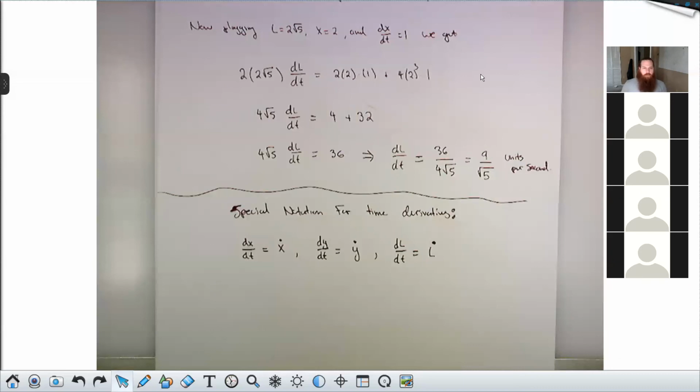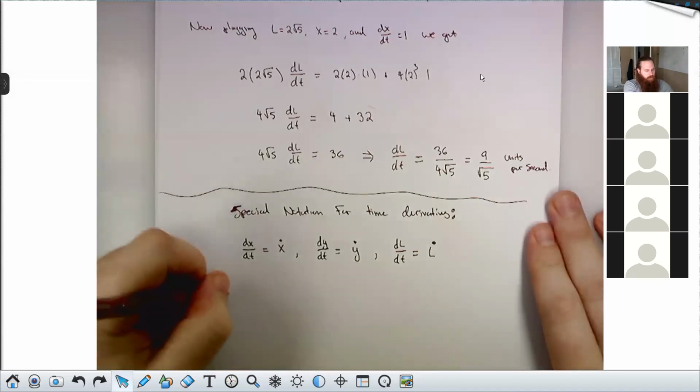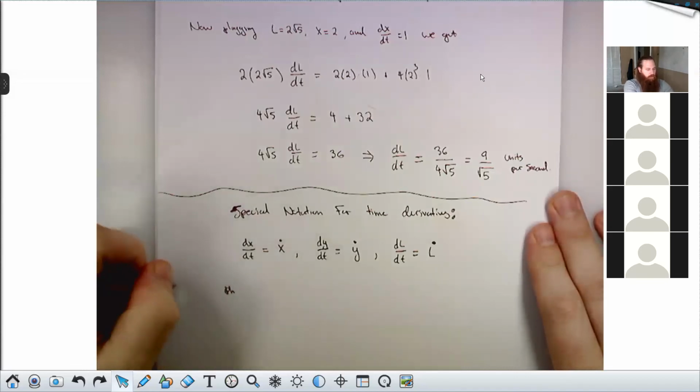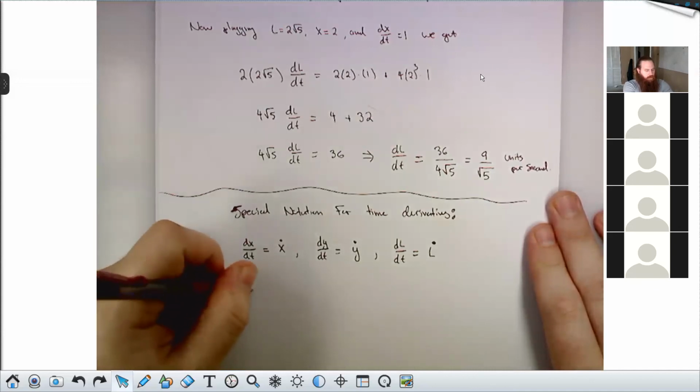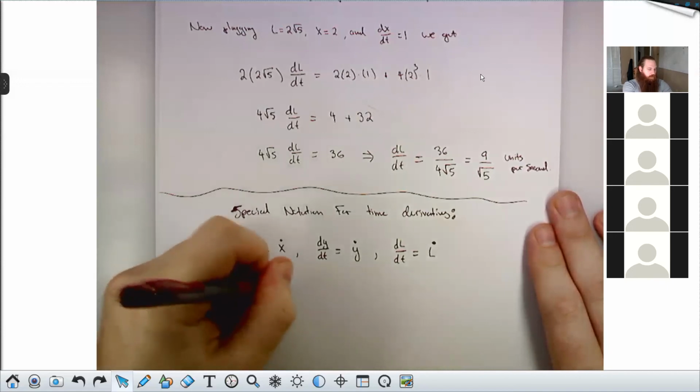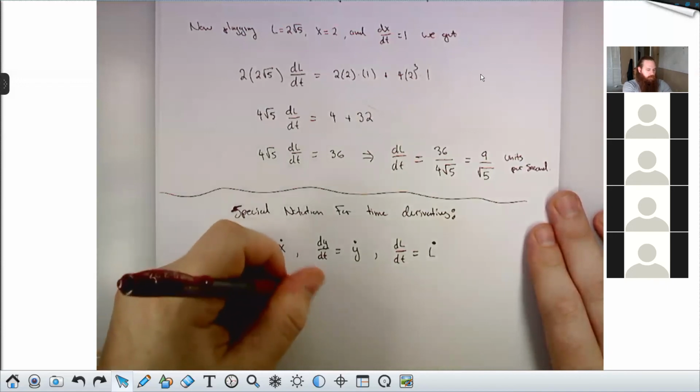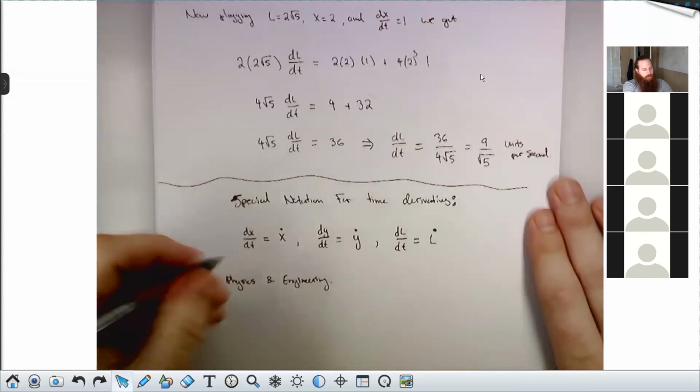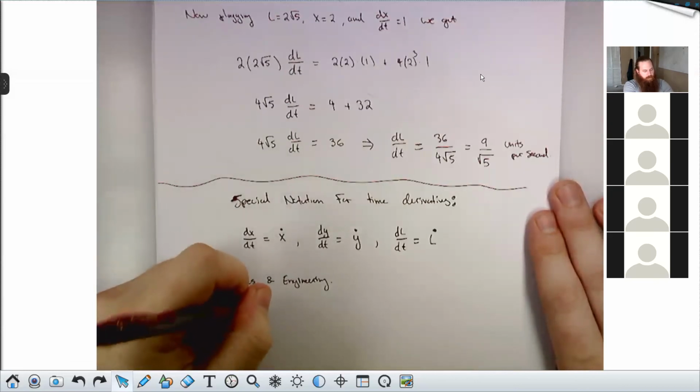So physicists use this dot. This is common in physics and engineering. Other places you'll see this is, you know, that the velocity function is the derivative of position.